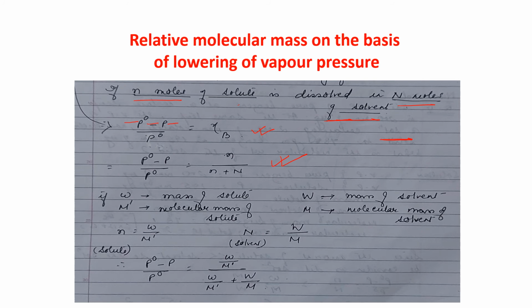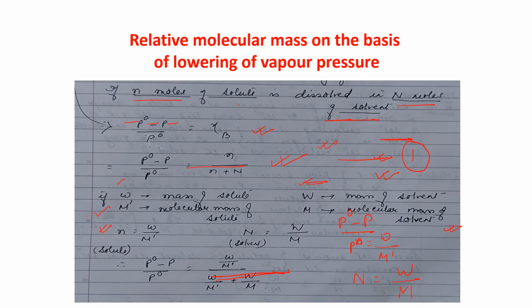So it can be replaced by small n by small n plus capital N. Now, if small w is the mass of the solute, capital W is the mass of the solvent, M dash is the molecular mass of the solute and capital M is the molecular mass of the solvent, then small n can be written as small w by M dash and capital N can be written as capital W by capital M. Just replace these in this equation.